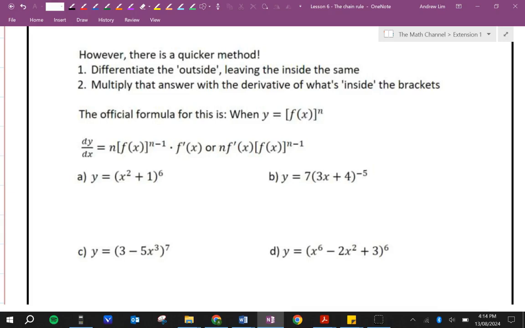So the official formula for this is when y is equal to some function of x to the power of n, then the derivative is, we'll bring down the power, we'll write down f(x), we'll reduce the power by 1, just like normal, but then we need to times it by the derivative of what's in the brackets. Okay, so this is the technical formula that we have in our formula sheet.